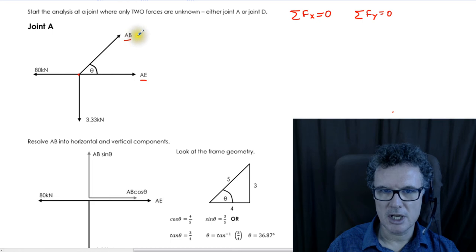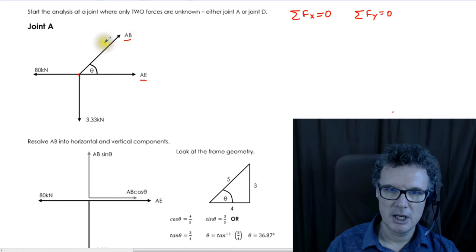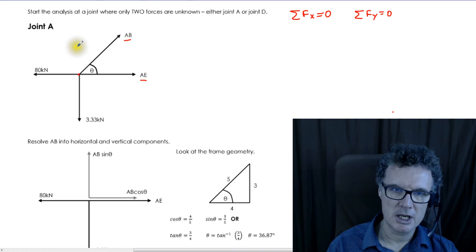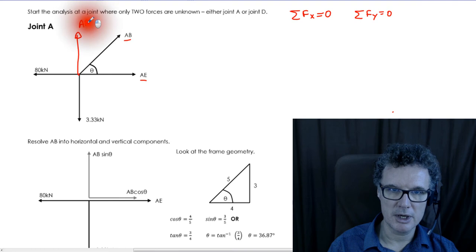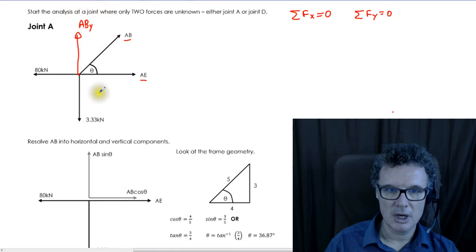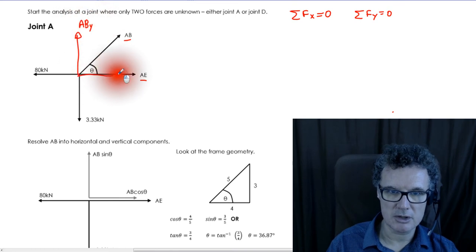because you can see I've got AB, and we're saying this is a force that can be broken down into two force components: a force component going in the y direction and a force component going in the x direction.